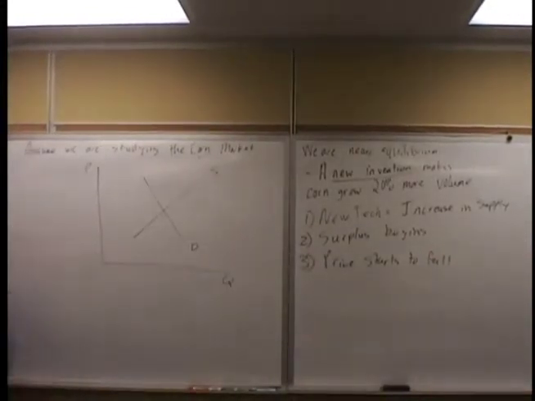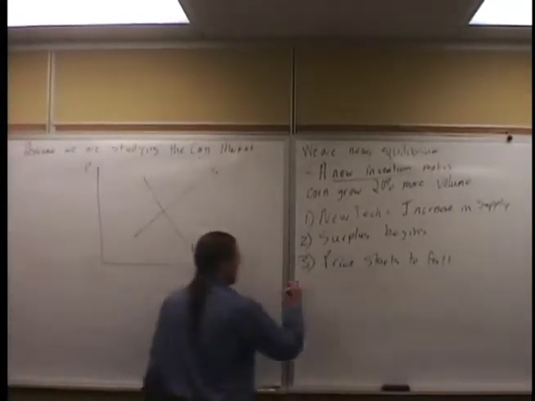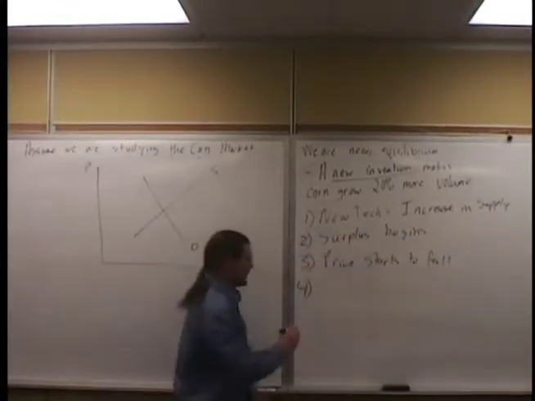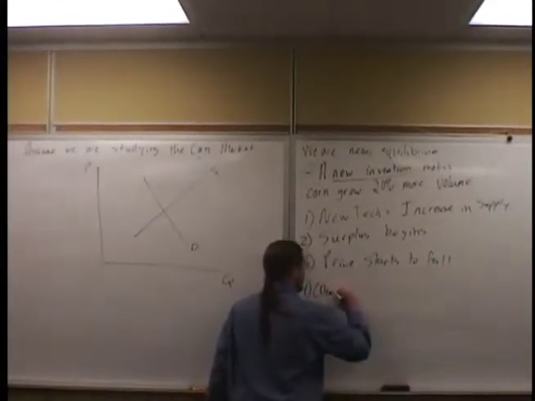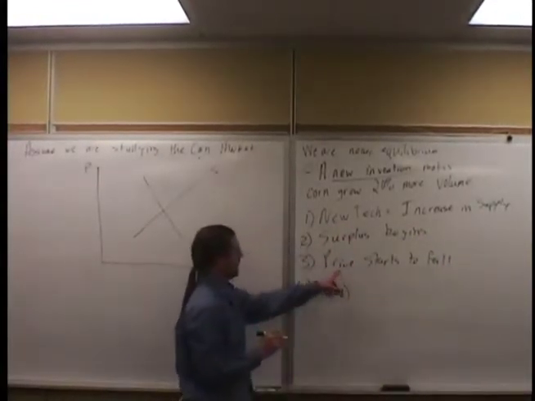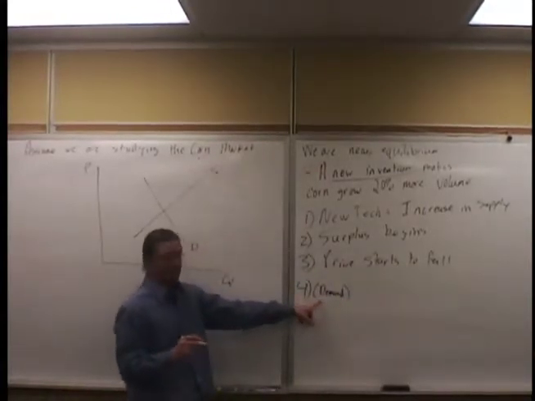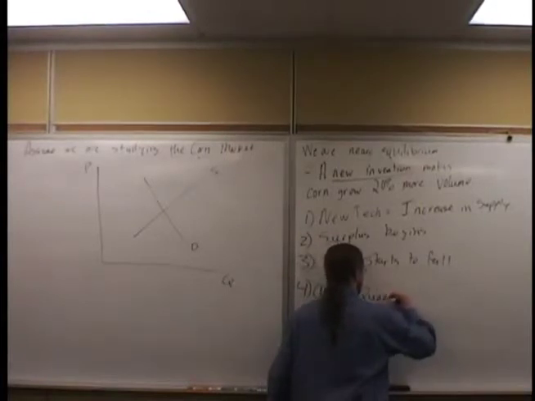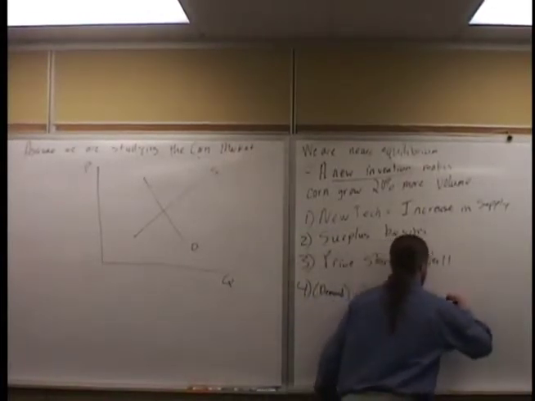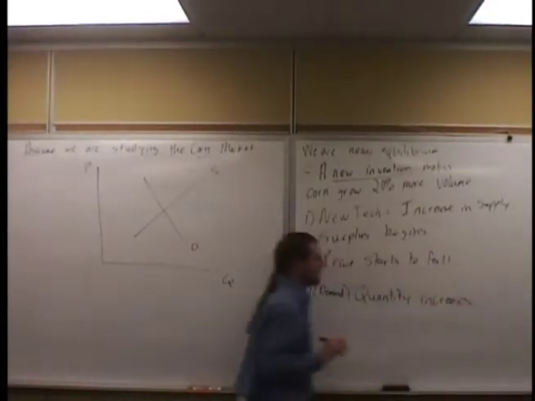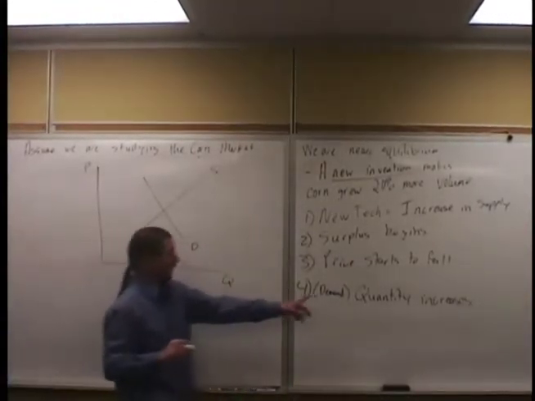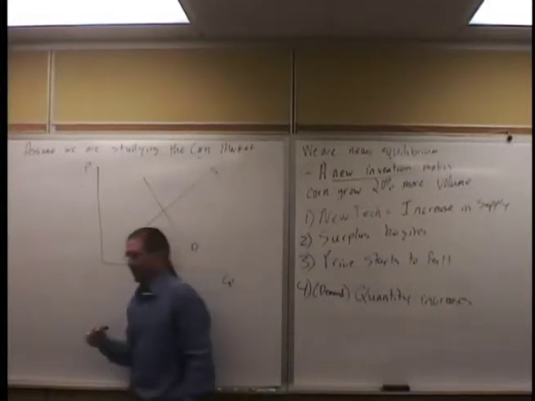The silos out there are getting too full. We can't store it anymore. We started with supply. Look at it from the demand perspective. When the price falls, what do the demanders do? We buy more. The quantity that is going to be bought and sold will increase. This quantity really represents both buy and sell, okay?